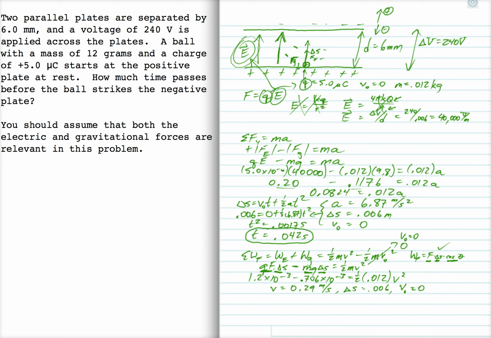So again, I can use my equations of motion with constant acceleration. Let's start over. Delta S is 1/2 (v plus V0) t. So 0.006 is 1/2 times 0 plus 0.29 t, and then if I solve for t, I get 0.42 seconds. So you get the same answer either way.